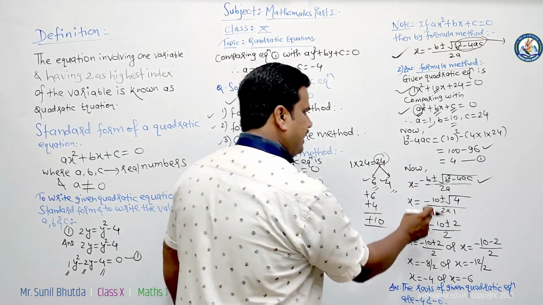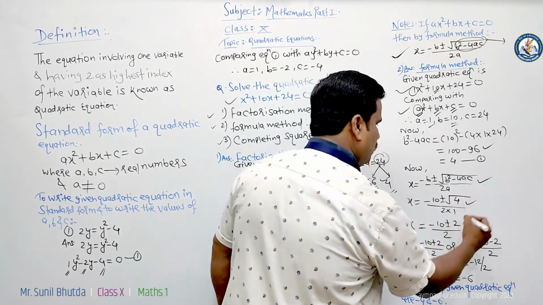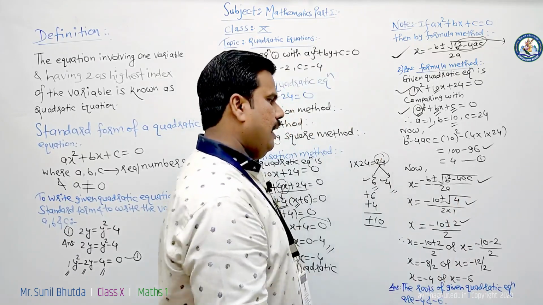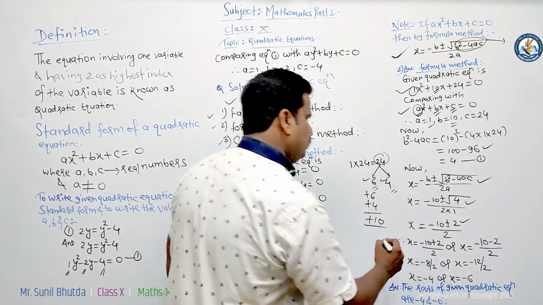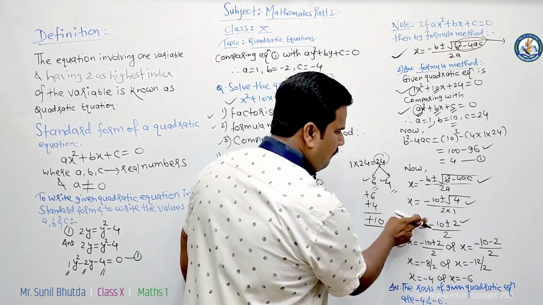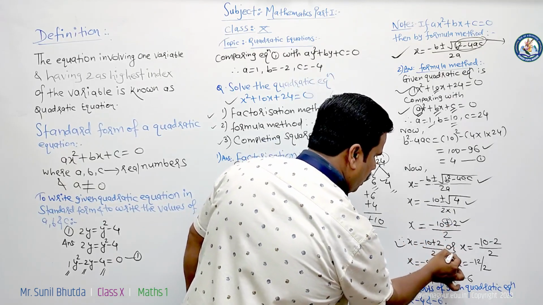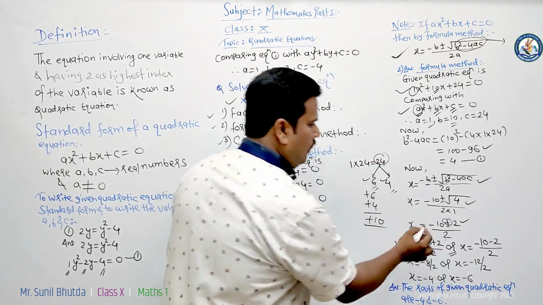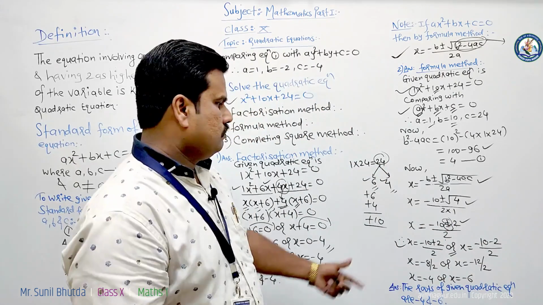Okay, minus 10 as it is, plus minus, and square root of 4 is 2, upon 2 into 1. So required values of x are minus 10 plus 2 upon 2, or x equal to minus 10 minus 2 upon 2.